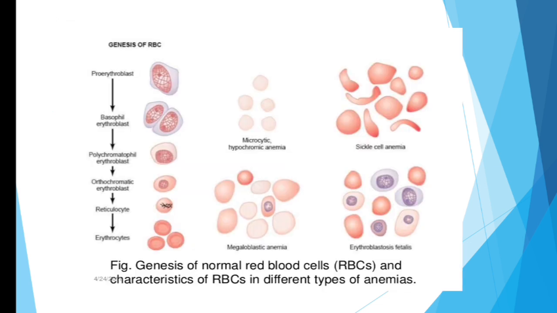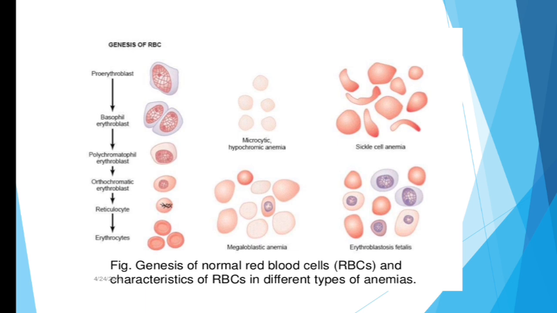This is the normal production of RBCs and their different characteristics in different types of anemia. First the proerythroblast, then the erythroblast phase, then polychromatophil, then orthochromatophil, then reticulocyte, and finally erythrocytes are formed.